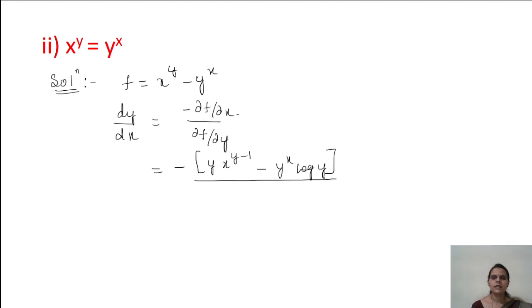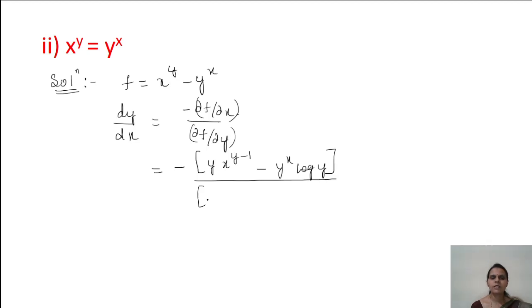Similarly, the differentiation of f with respect to y partially: when we are differentiating f with respect to y, we treat x as constant.